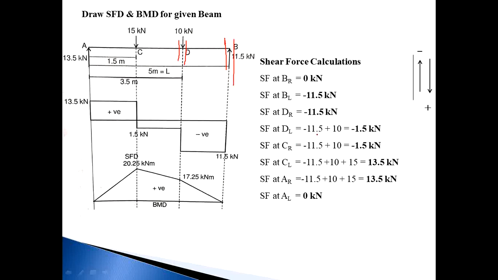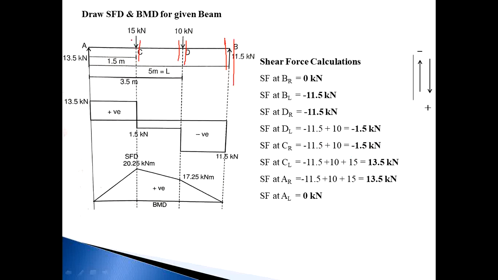So minus 11.5 plus 10 is equal to minus 1.5 kilonewton. Then next, similarly, consider a section at just CR. The forces on the right side of the section are once again two, RB and 10. So the calculation remains as it is: minus 11.5 plus 10 is equal to minus 1.5 kilonewton.